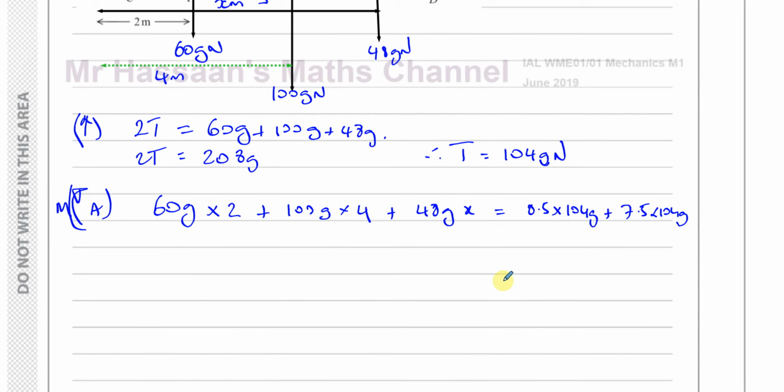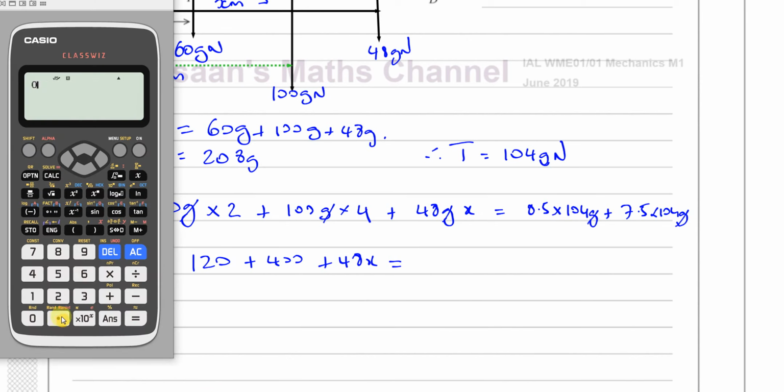So now, we can get rid of all the g's. Every term has a g in it, so we can divide both sides by g. So we've got 60 times 2, which is 120, plus 400 plus 48x is equal to half of 104. Well, I'll just put the whole thing in my calculator: 0.5 times 104 plus 7.5 times 104, which is basically the same as 8 times 104.